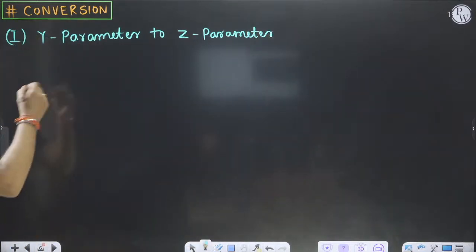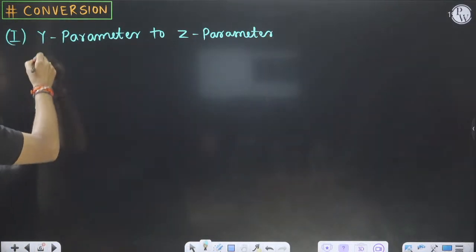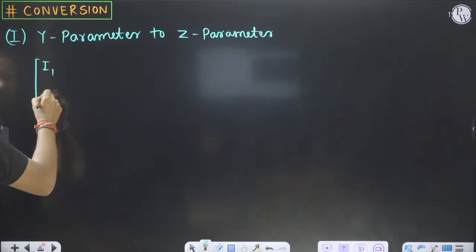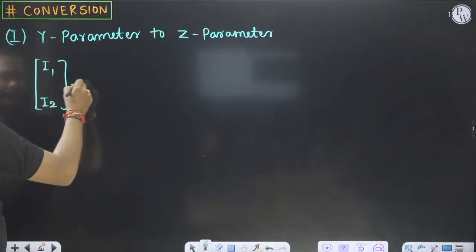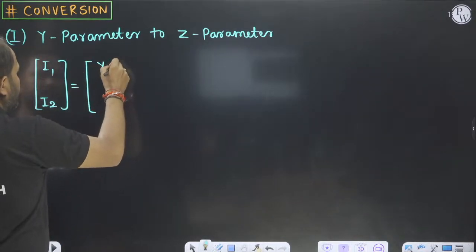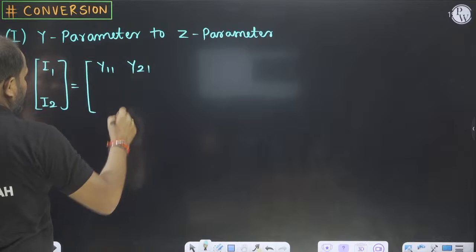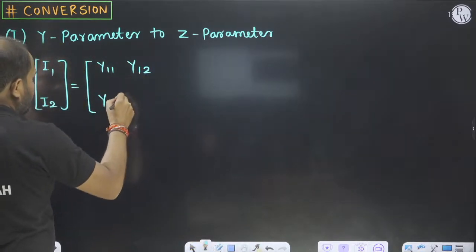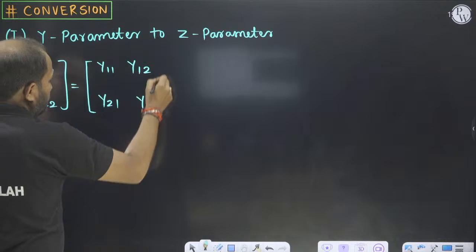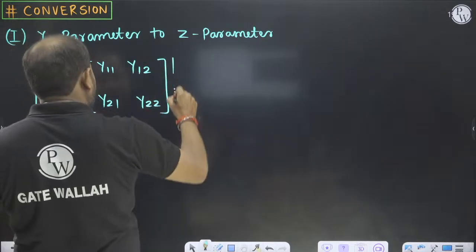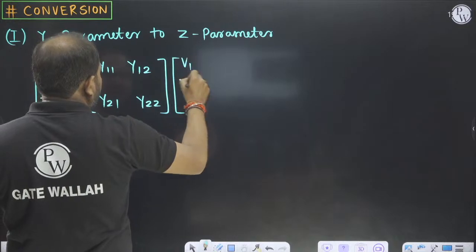Then we will ask what is the Y parameter. The Y parameter is I1, I2 equals Y11, Y12, Y21 and Y22, times V1 and V2.